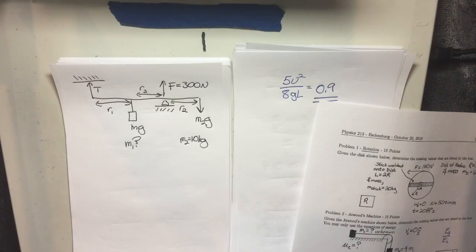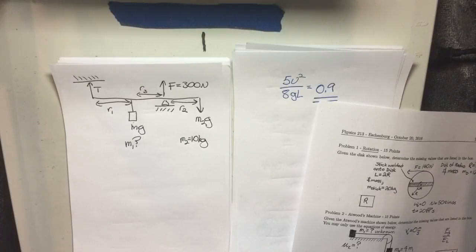What do you know? Well, a valid question that you could ask is, is this thing moving? And my answer would be, oh goodness, I hope not. Dr. Eschenberg has, on occasion, given torque bar problems that are insolvable, or that give nonsensical answers.